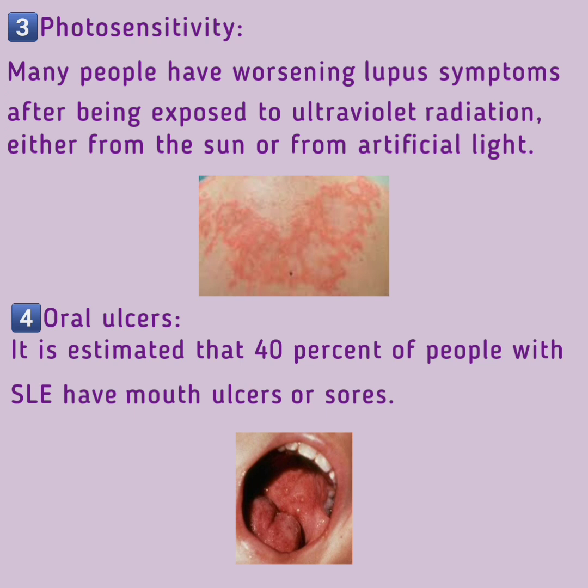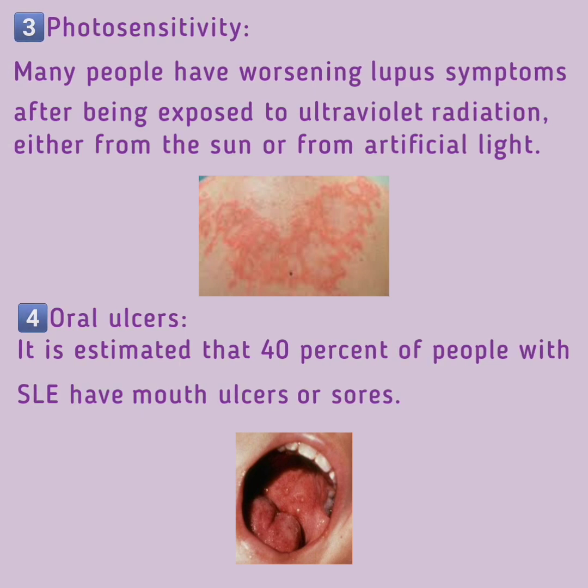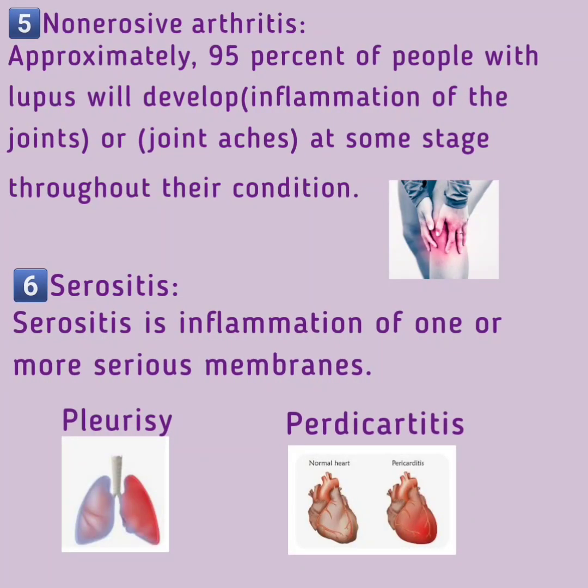And then oral ulcers, the ulcers in the mouth, and sometimes these ulcers are also in the nose. Arthritis, that's inflammation in the joints and joint aches. Serositis, that's inflammation in the membranes, for example around the lungs and around the heart, called pleurisy and pericarditis.